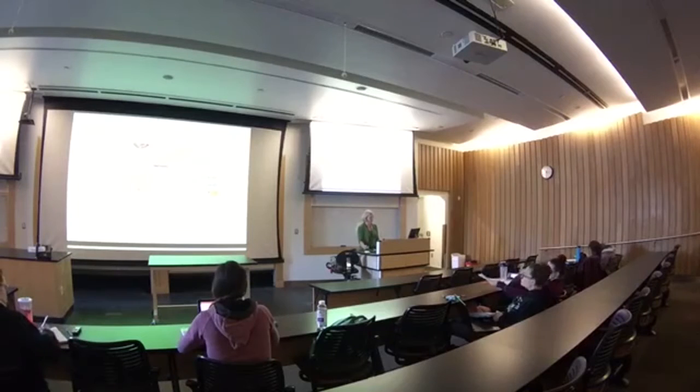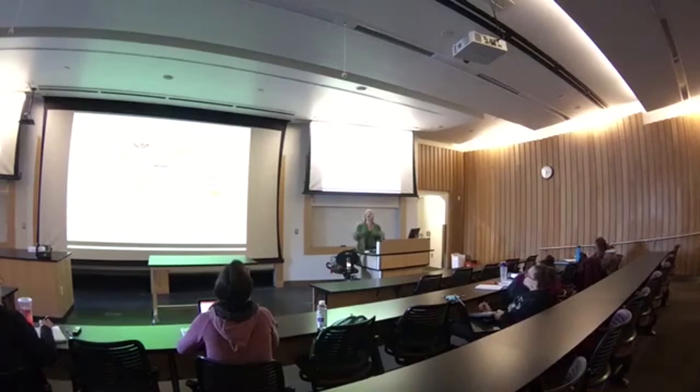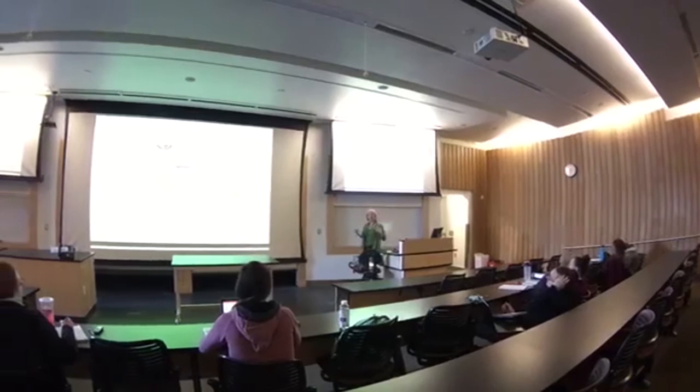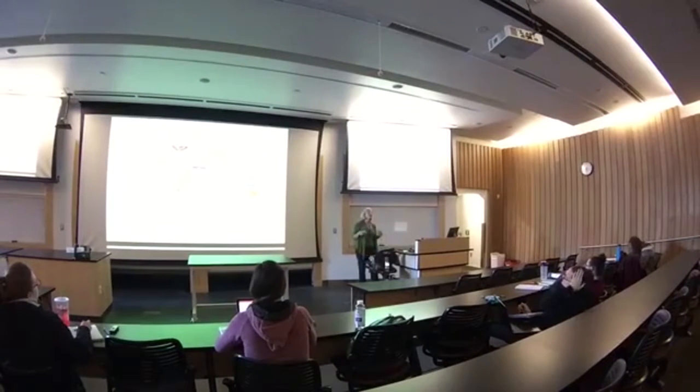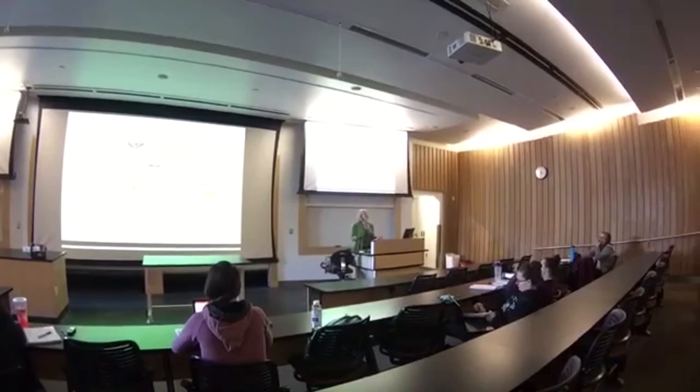pyruvate into acetyl-CoA. If we have one of these other macromolecule classes, remember fats, or another food item, big macromolecules that we can eat, those fats are broken down to the monomers of fatty acids. We've talked about this like 3 lectures ago now.